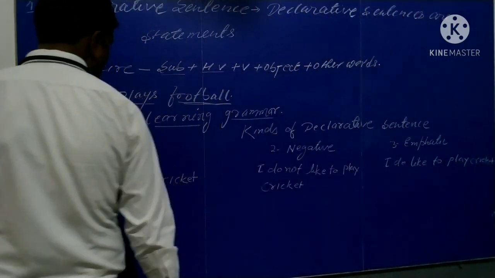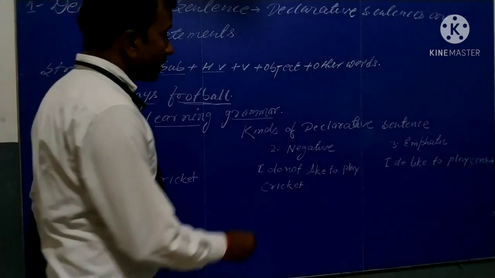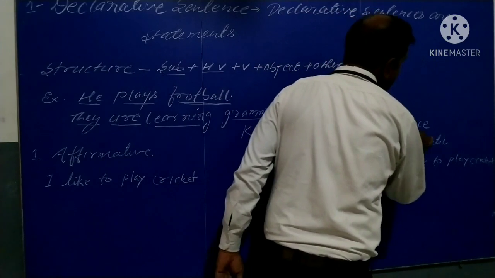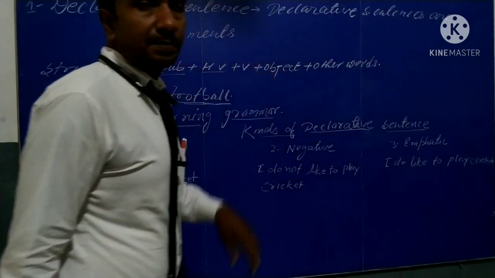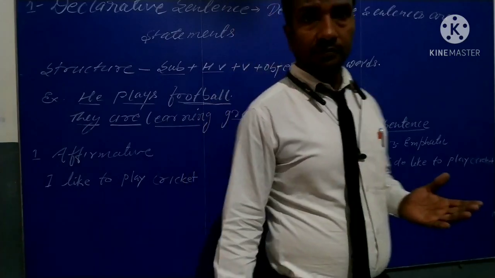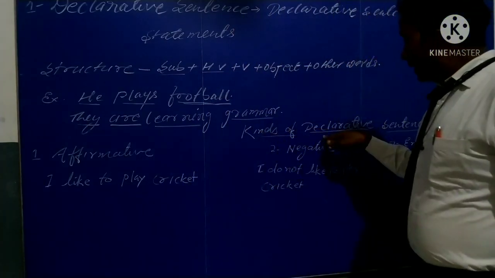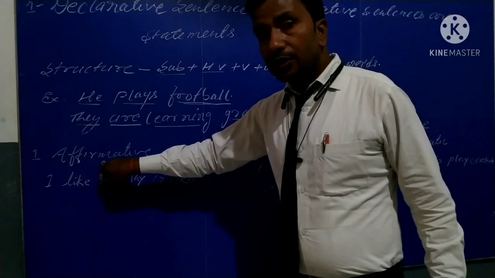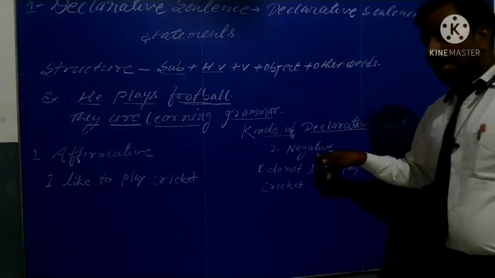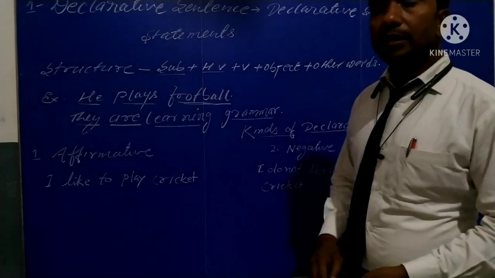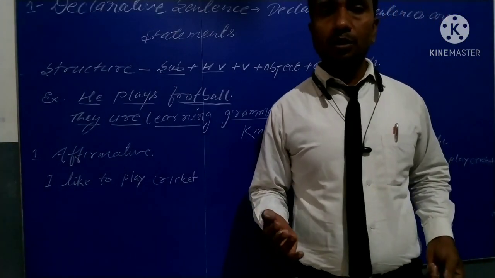So the most important thing: how many kinds of declarative sentences are there? That means declarative sentences कितने तरह के हैं? Then there are three kinds of declarative sentences: affirmative, negative, and emphatic. Student, you may wonder why interrogative is not mentioned here.